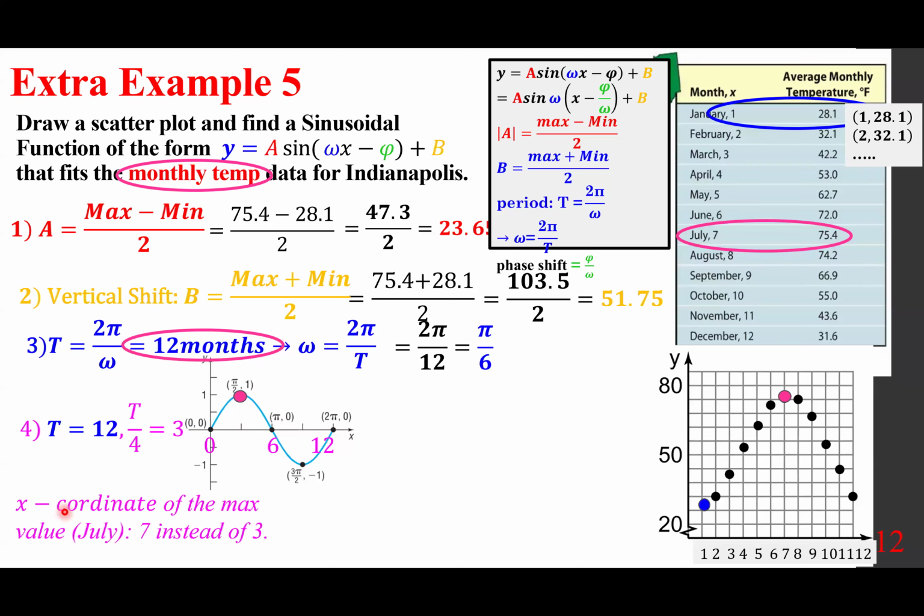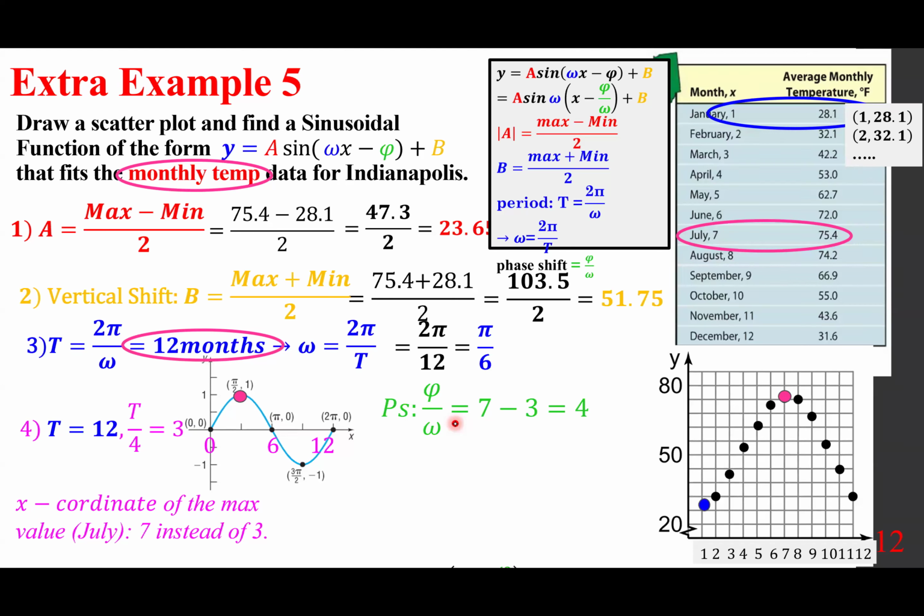However, the X coordinate of the maximum value, which is July, it's on month 7 instead of month 3. So that means it has been shifted to the right by 7 minus 3. It's supposed to be at 3, but it is at 7. See, 1/4. So phase shift must be 7 minus 3 over 4, pi over omega.